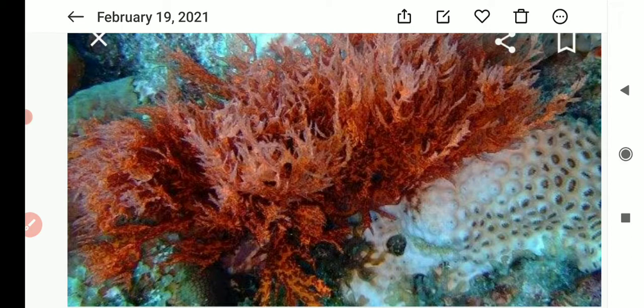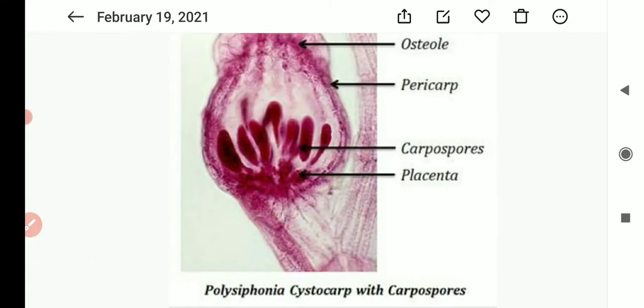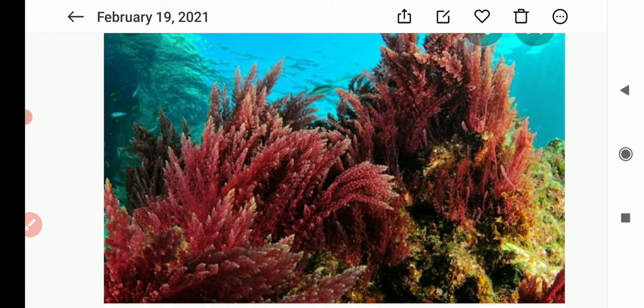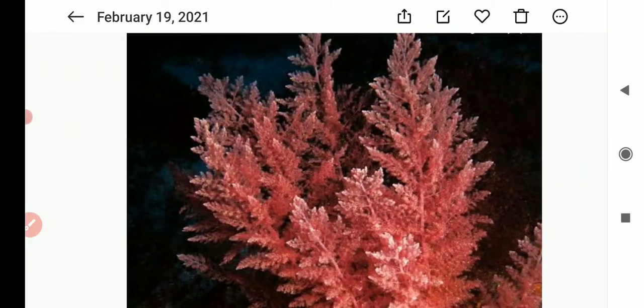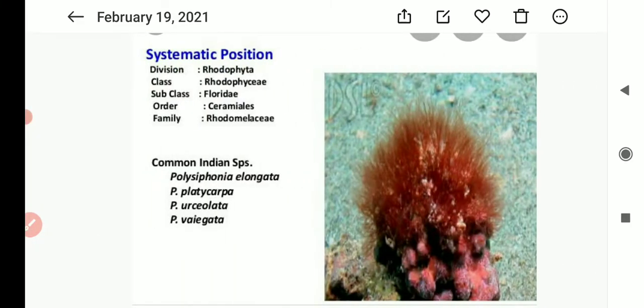Or if you just look at the color also, it's red. So it should belong to red algae. But the color red is not a complete indicator. Sometimes it can appear greenish depending on the light or depending on how old the specimen is. So you have to look at the prostrate and the erect system.